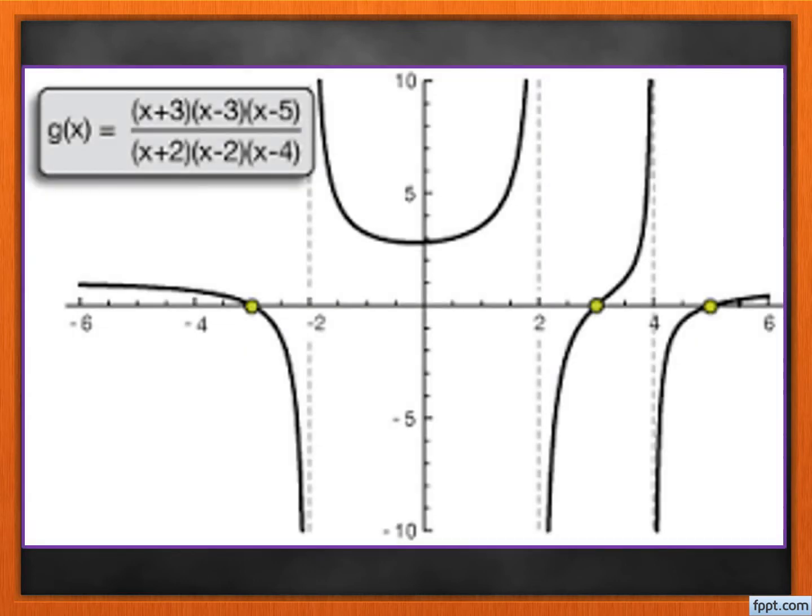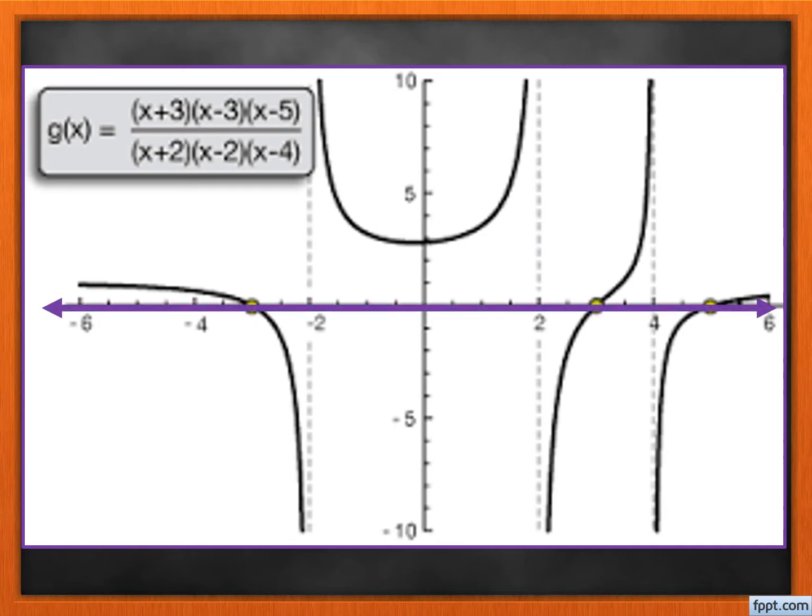So, for you to better understand those terms, I have here an example of a graph. And we're going to identify the x-intercept, y-intercept, vertical asymptote, and horizontal asymptote. So, in this figure, nakikita nyo yung graph natin, yung black lines, yung mga curves na makapal.